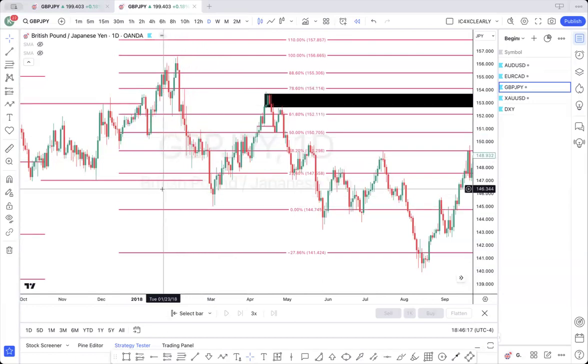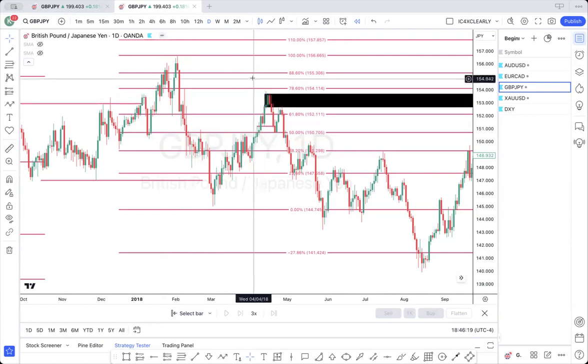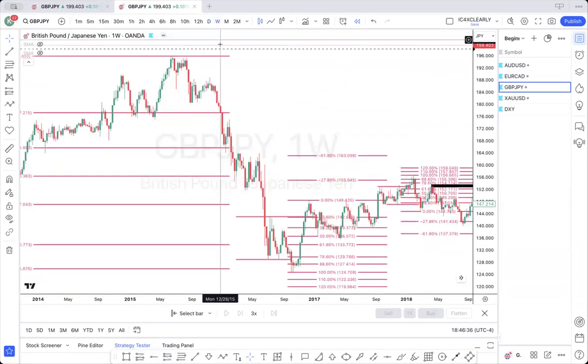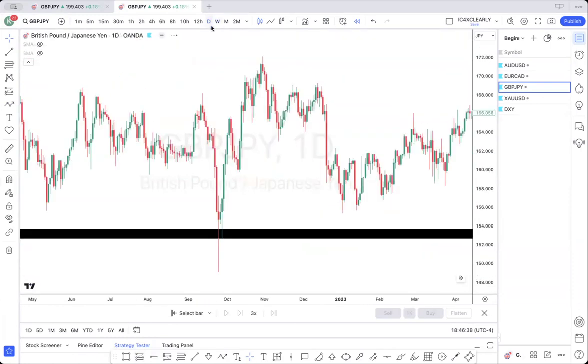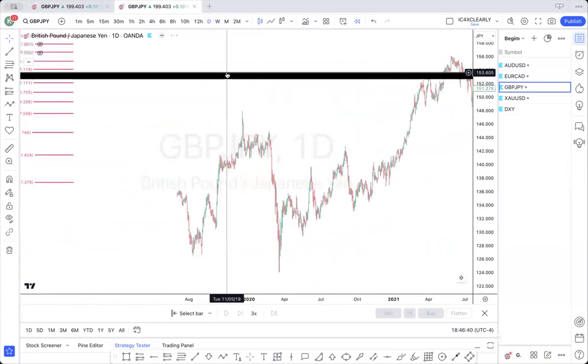I did hear him say, like, this pullback, it didn't come to the 78, but because these candles are all the same color, you can use that as your one institutional candle. So if I go up on the weekly or the monthly, it's probably going to be one candle.